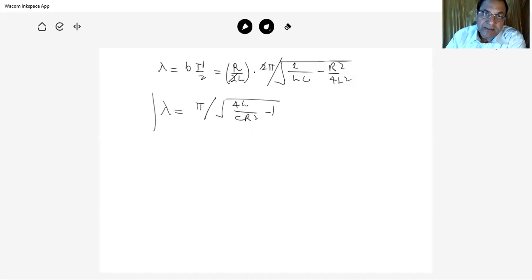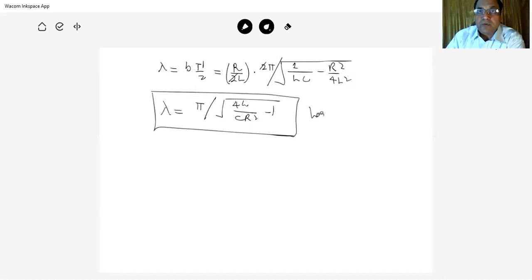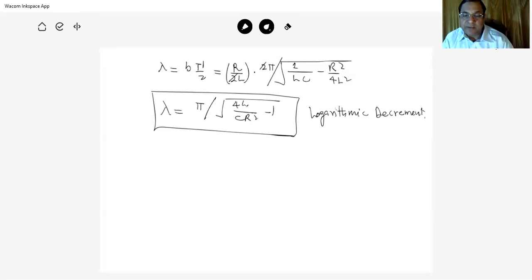So this is lambda, it is logarithmic decrement. So for a given circuit, we can calculate the logarithmic decrement of that circuit.